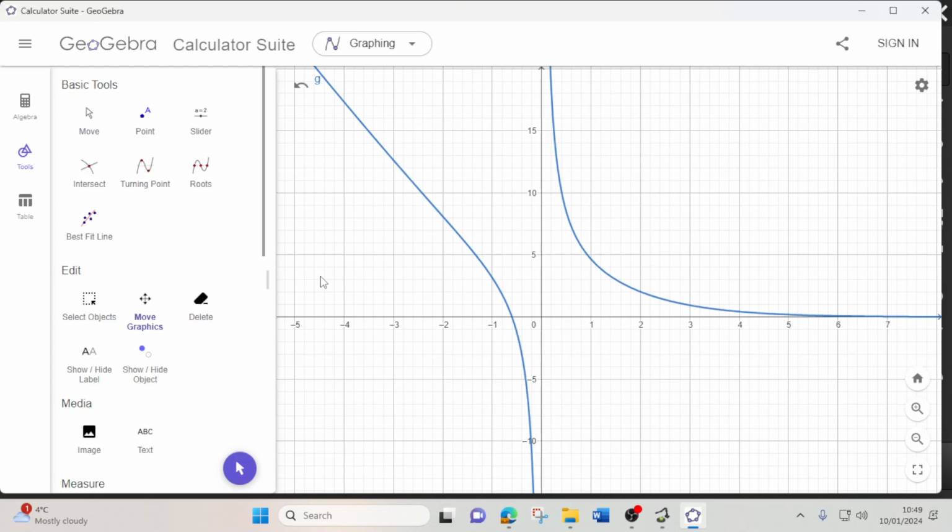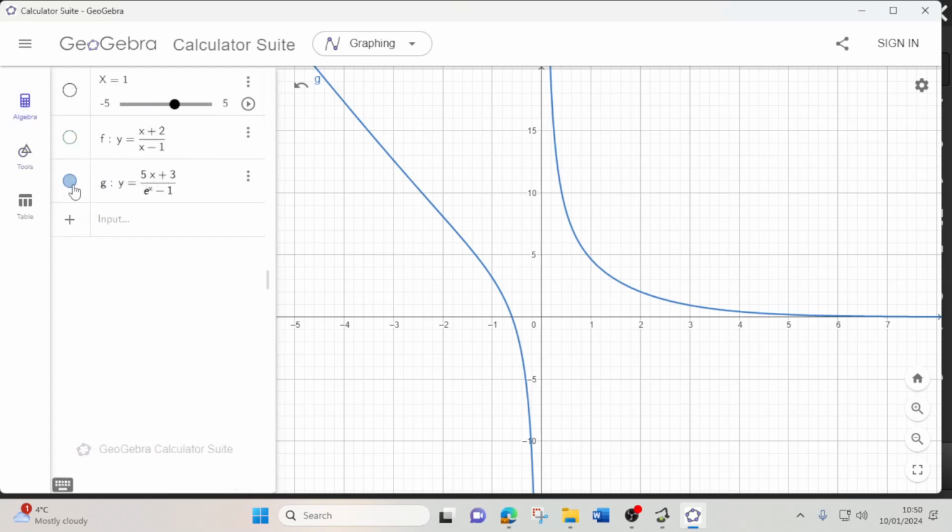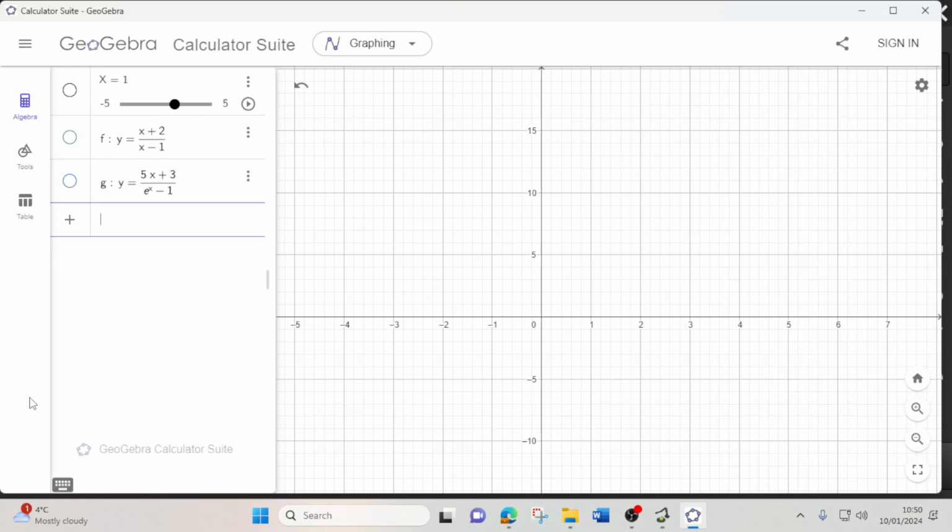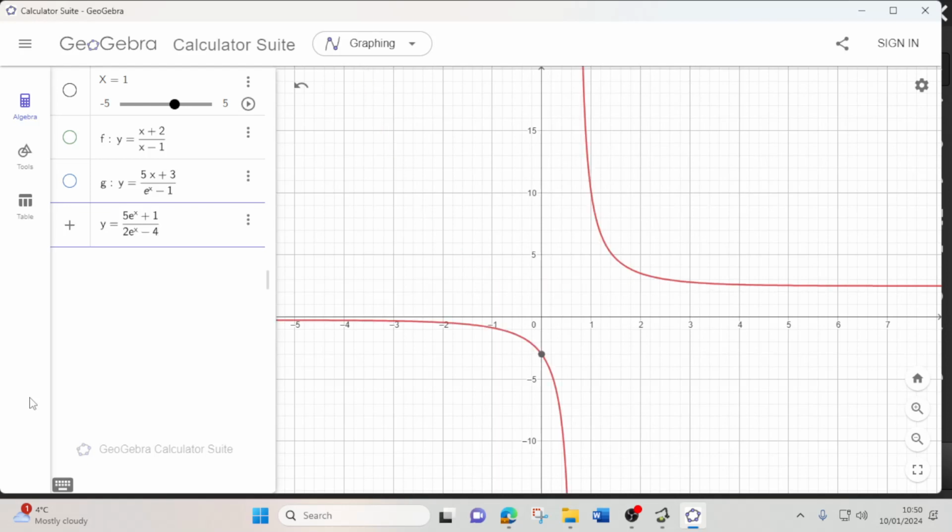Just run a graph: y equals (5e^x + 1) over (2e^x - k). Mark it on the graph.